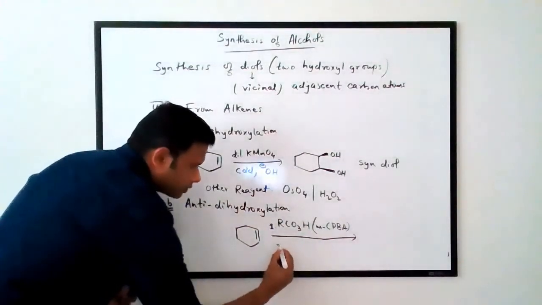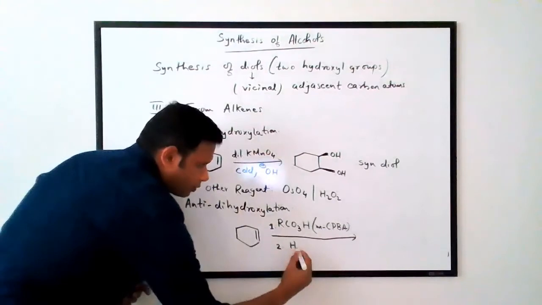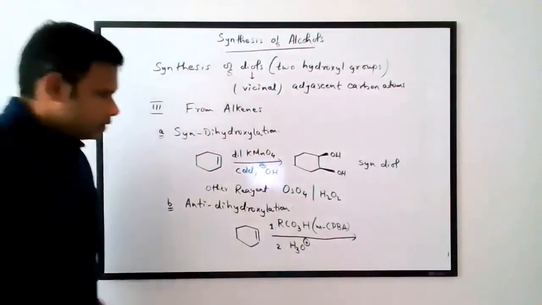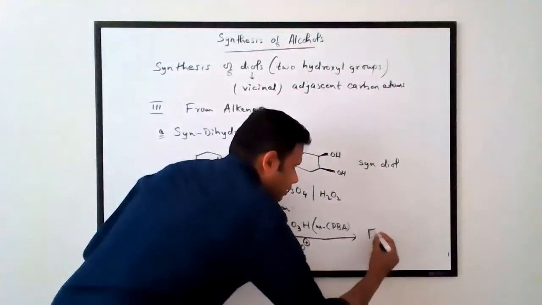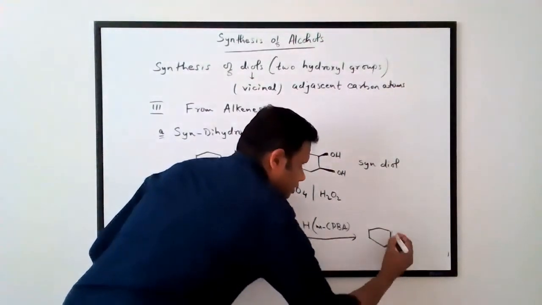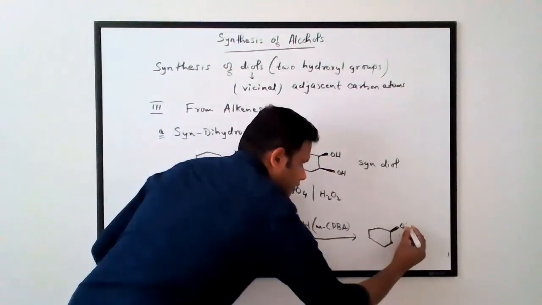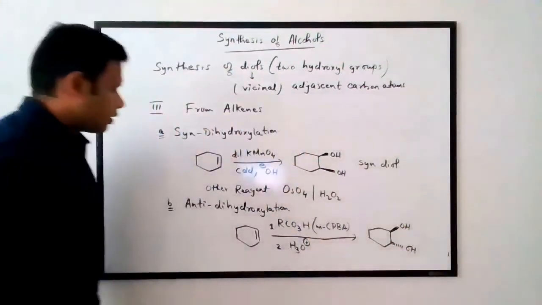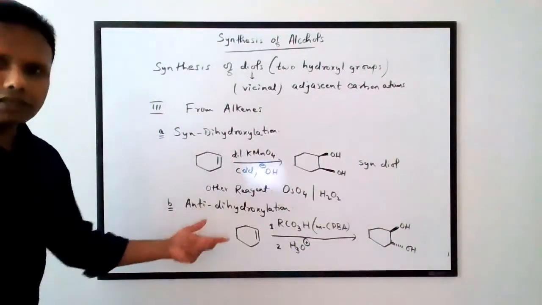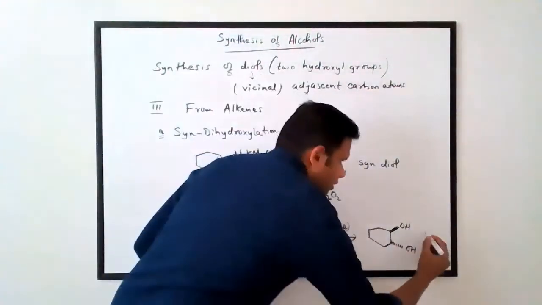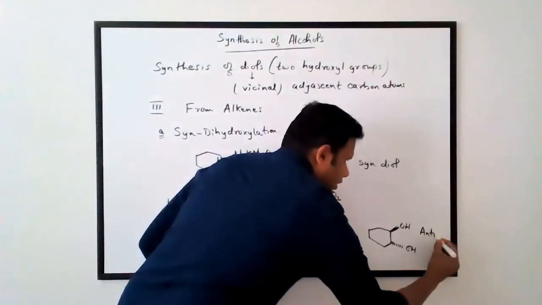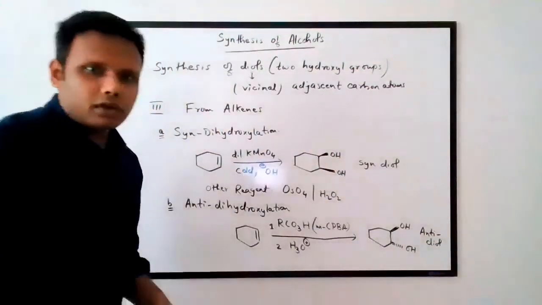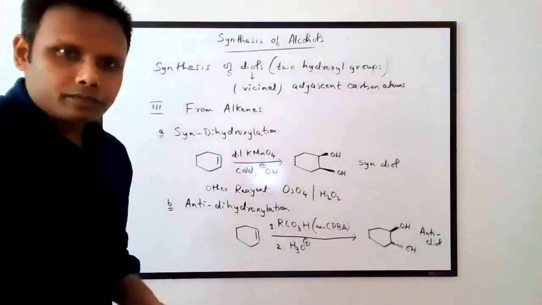So when you do an epoxidation and follow it with an acidic hydrolysis, okay, the alkene is converted into what we can call the anti diol. Okay, so we get the anti-diol as the product, or a trans diol.